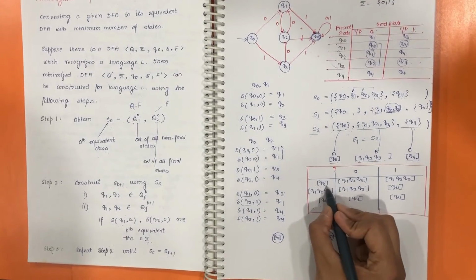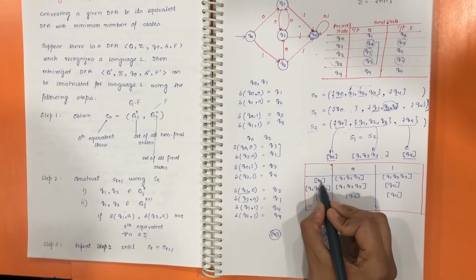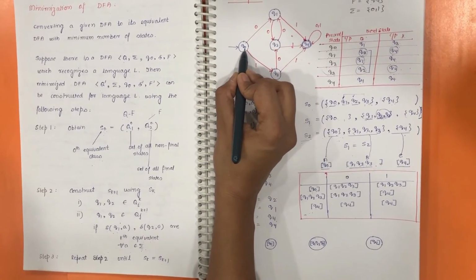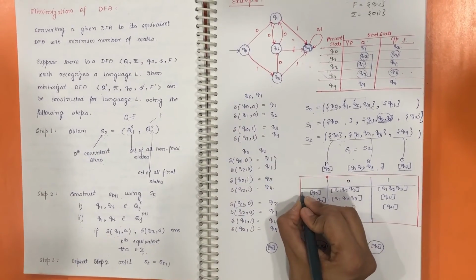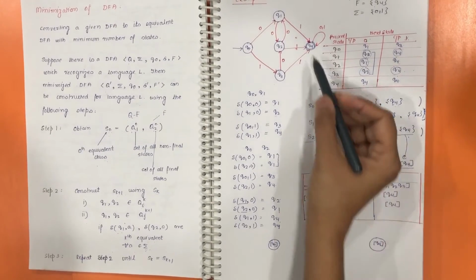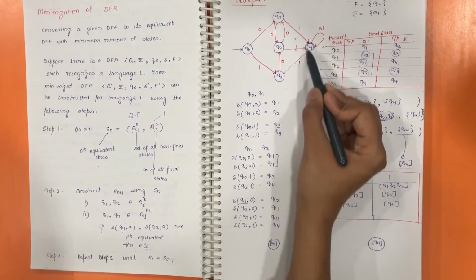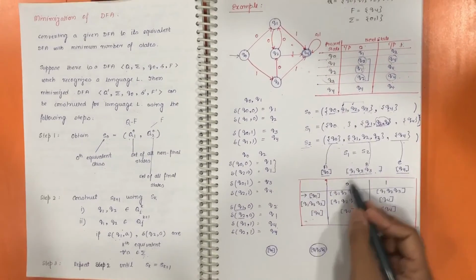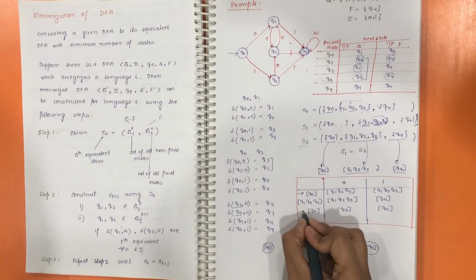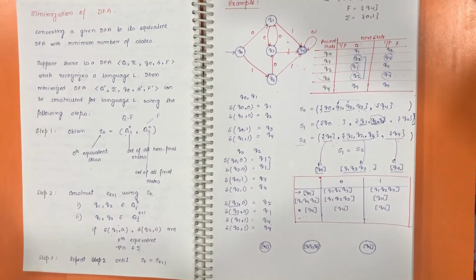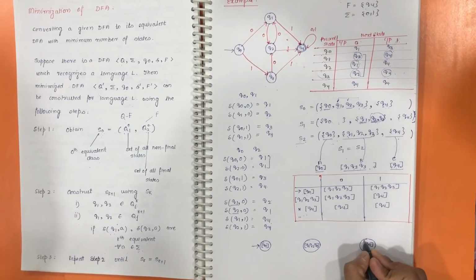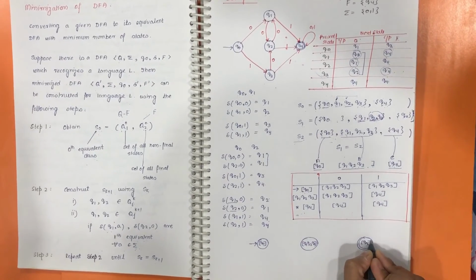Q0 is the start state of the original DFA, so the start state for the minimized DFA will be this state. The final state in this DFA is Q4 and Q4 is lying in this set, so the final state for the minimized DFA will be this state. So we can mark here the start state is this and the final state is this.